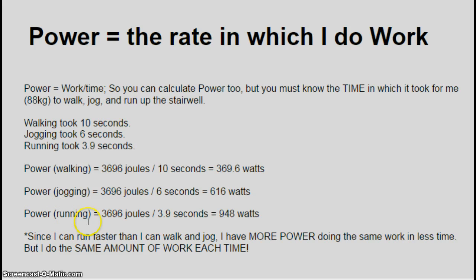And lastly, the power when running is the work done divided by the time it took me. I ran up in 3.9 seconds, and I had 948 watts of power. Since I run faster than I walk and jog, I have more power doing the same amount of work in less time. But I do the same amount of work each time, whether I walk, jog, or run.